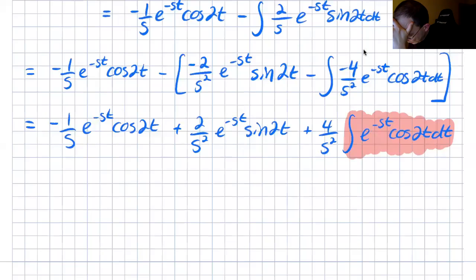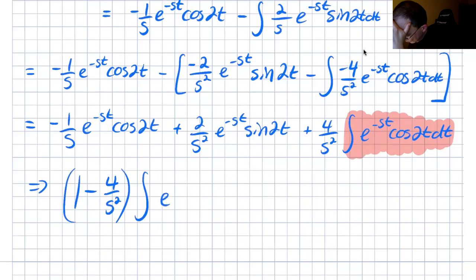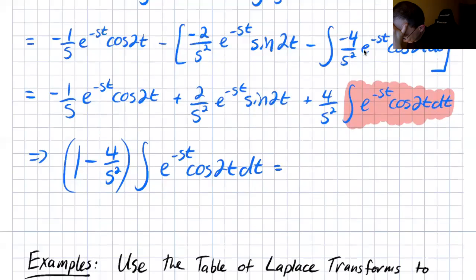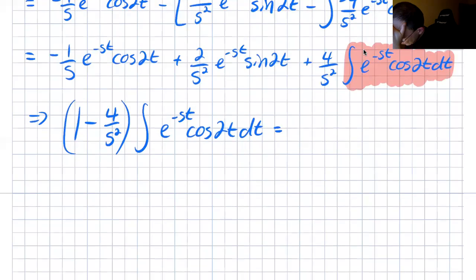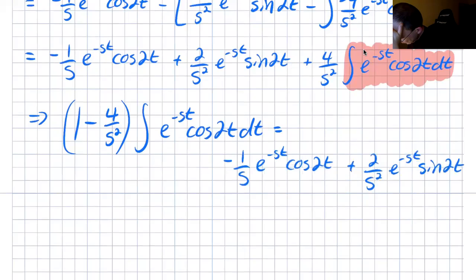So I'm going to get 1 minus 4 over s squared times the integral of e to the negative st cosine 2t dt is equal to this stuff.